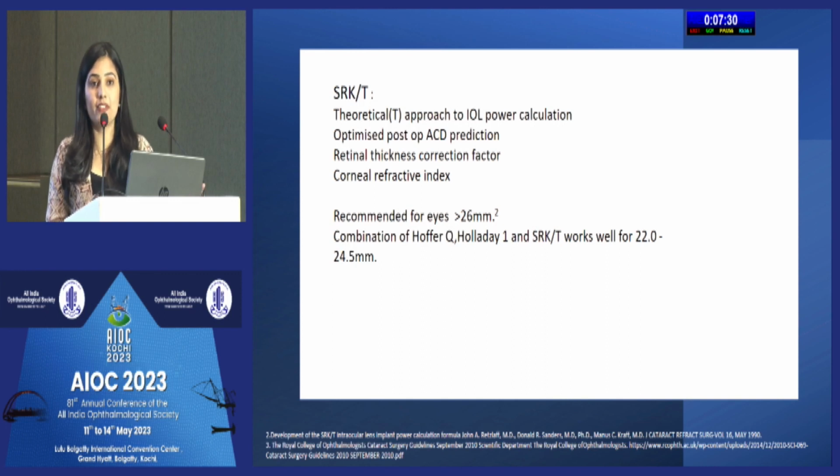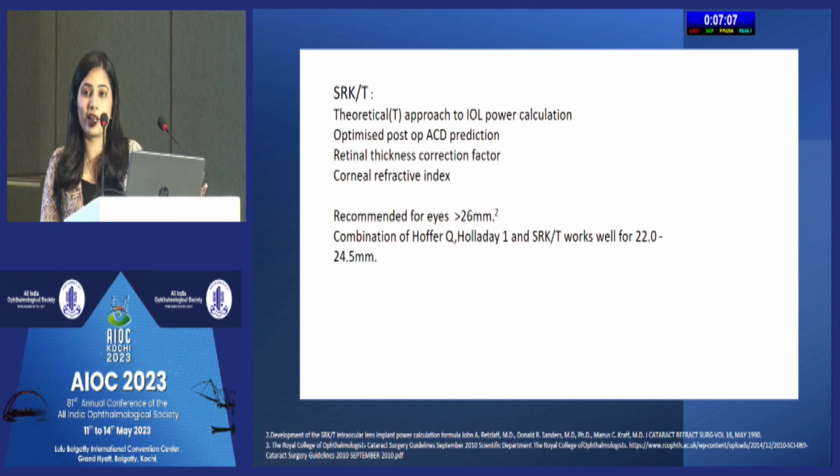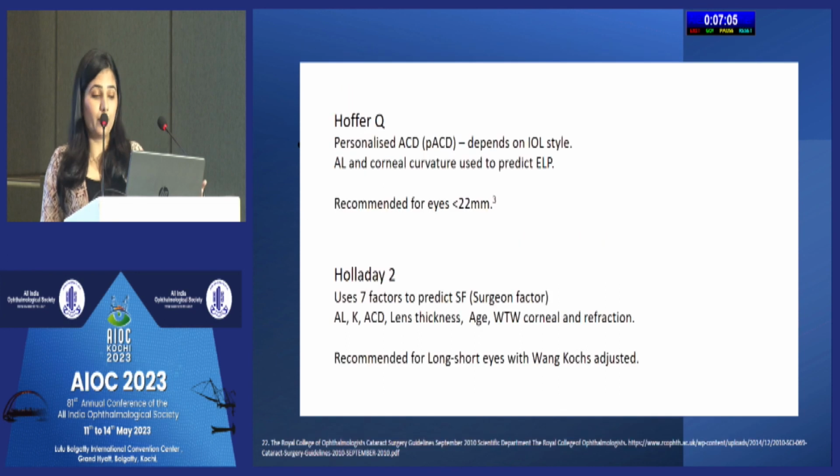SRK-T worked really well for 22 to 24.5 mm axial length of the eye. SRK-T is still used in many centers when we are not able to calculate the IOL power using the IOL Master, and it gives fairly accurate results. It is recommended for eyes of more than 26 mm.